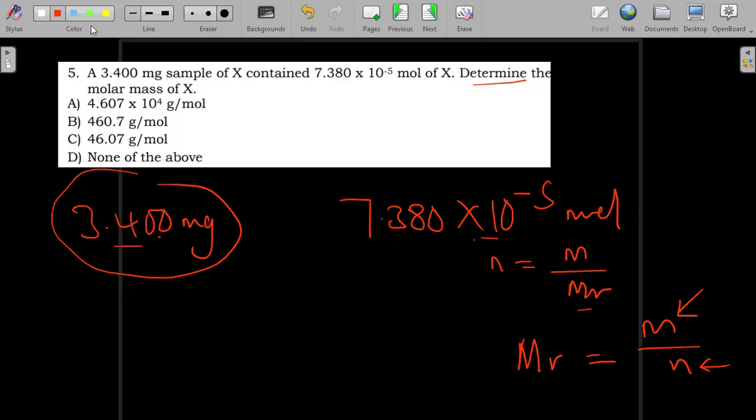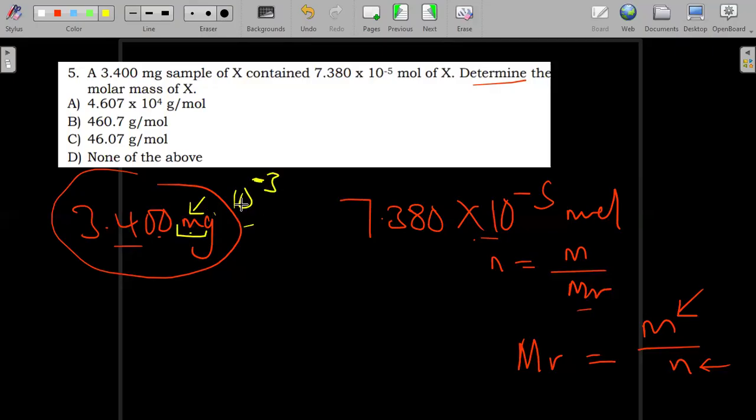We just multiply by the value of this prefix, milli. From your metric table, I hope you haven't forgotten how to convert units. Milli means 10 to the power minus 3.